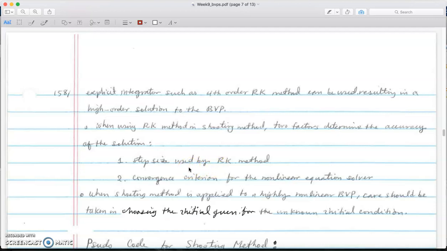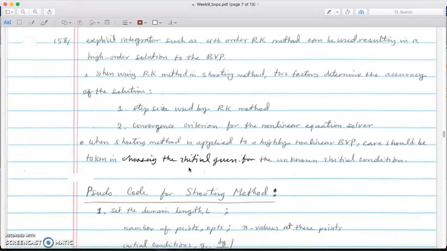We also have to set up a convergence error that we have to check when we do the shooting method, because the shooting method makes a guess on one of the conditions, and then based on the guess value, it solves the differential equation. It checks the condition on the other side. If the condition is not met using the given value, then we have to basically come back and change the initial guess we made to solve the differential equation.